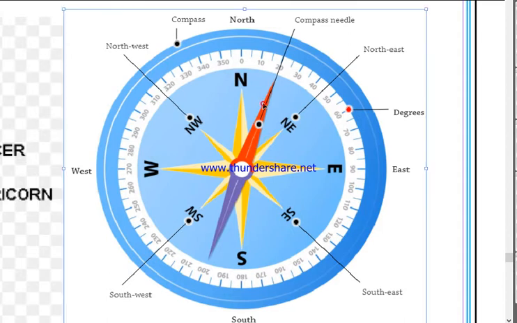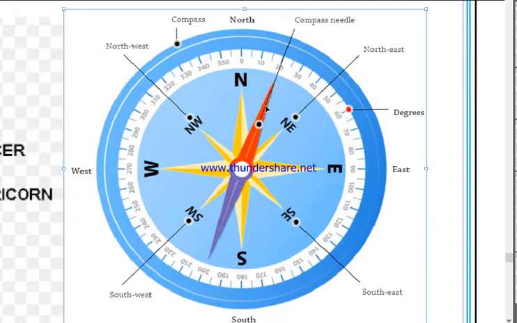Let's say in this example, the angle for a particular place is 20 degrees. Then what you should do is align the compass needle and the north pointer. This is actually printed on the floor of the compass.